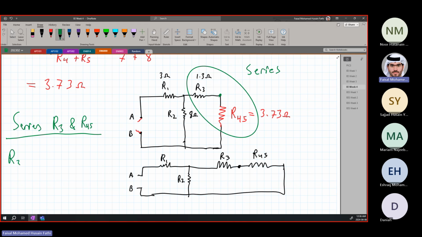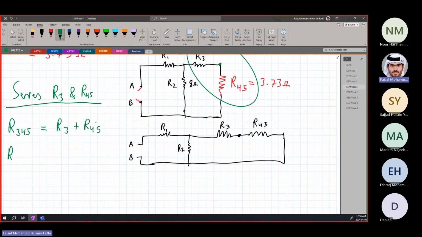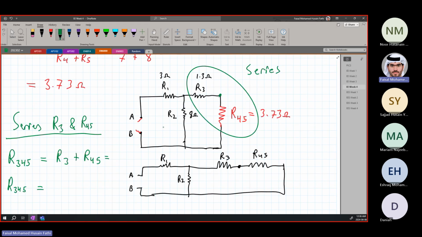We call their equivalent R345, and it is going to be R3 plus R45. They are in series, so R345 equals R3, which is 1.3, plus 3.73. R345 is going to be equal to 5.03 ohms.